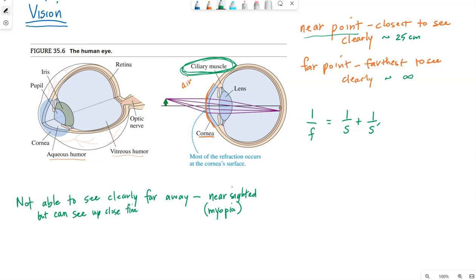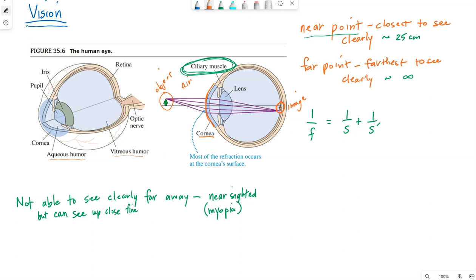So ultimately, what happens in my eye, as we can see here, here's an object we're looking at. Here's the image created on our retina. Our retina is our screen that the image forms on.